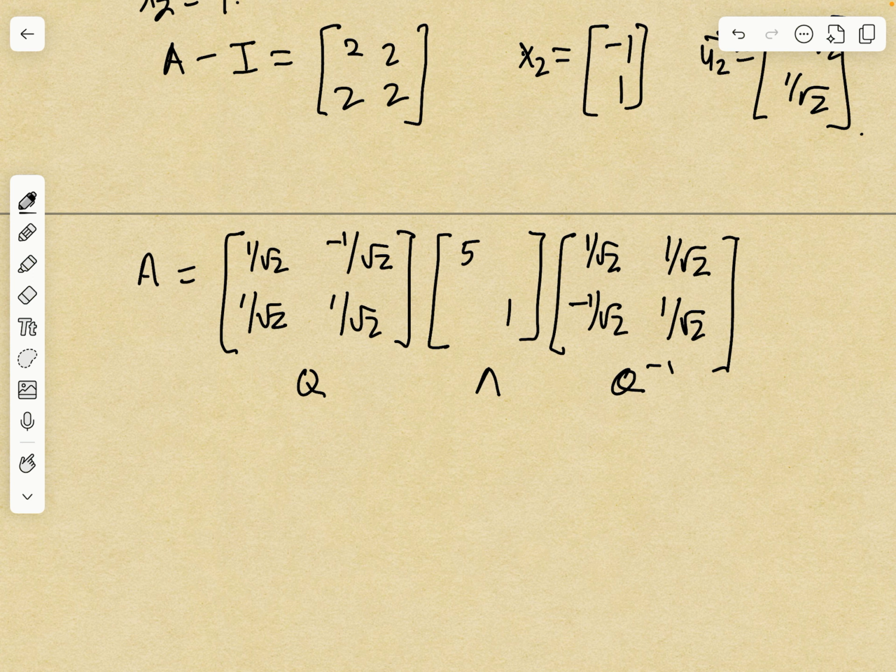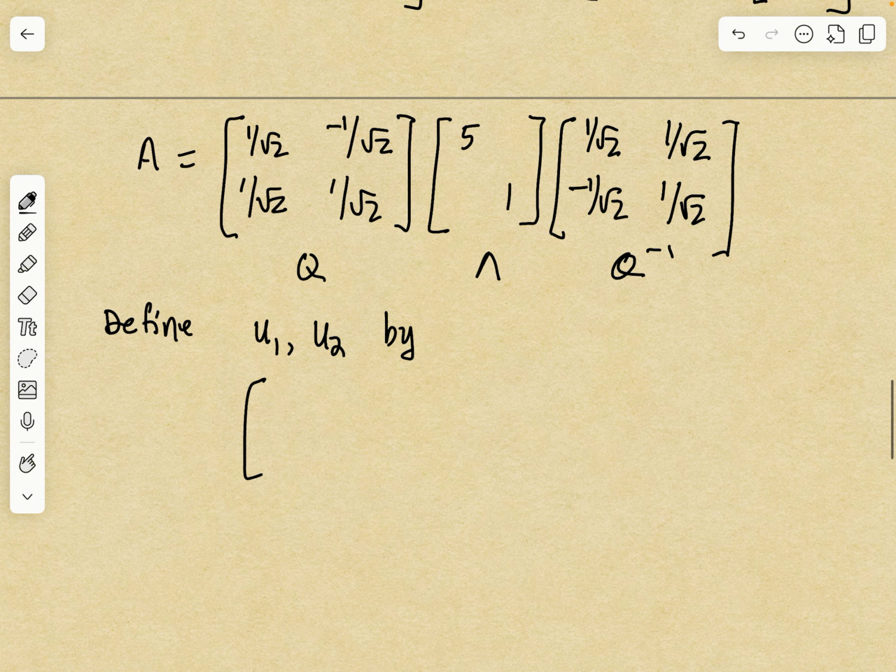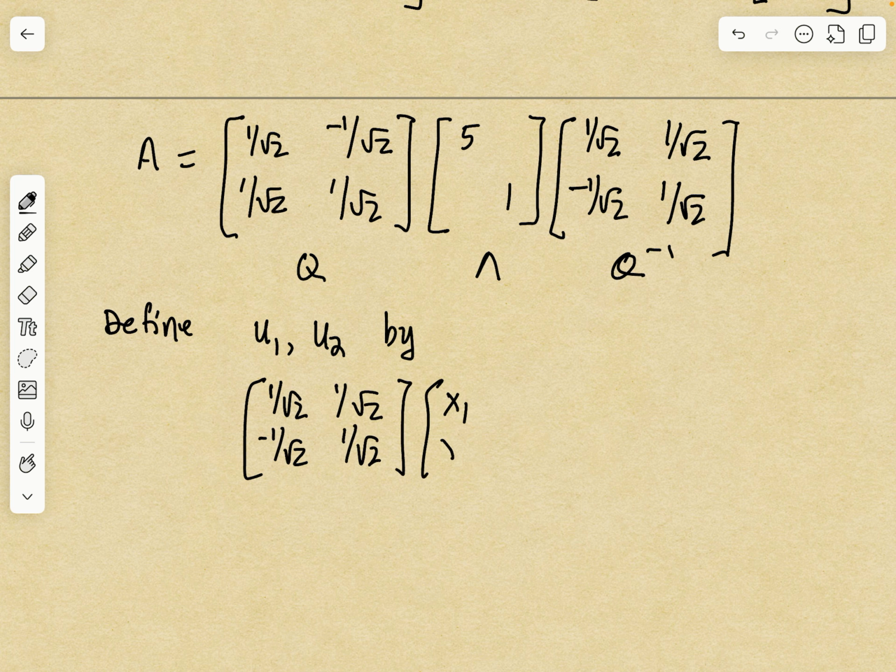And so how can we write this quadratic form in terms of our new variables, u1 and u2? It's going to be given by this matrix, right? So if we define u1 and u2 by this Q inverse times x1, x2.